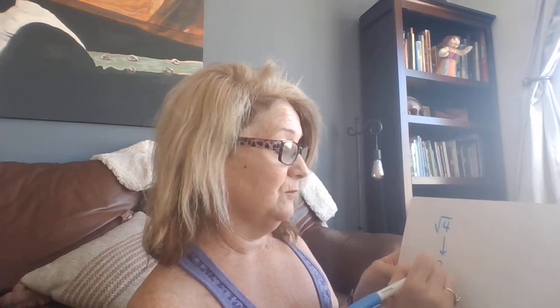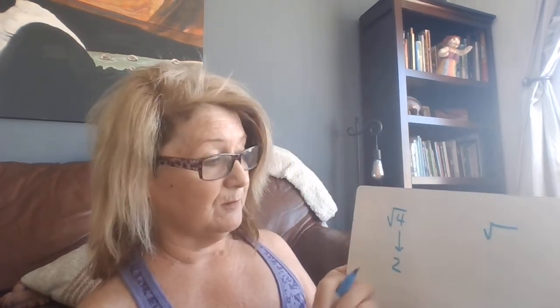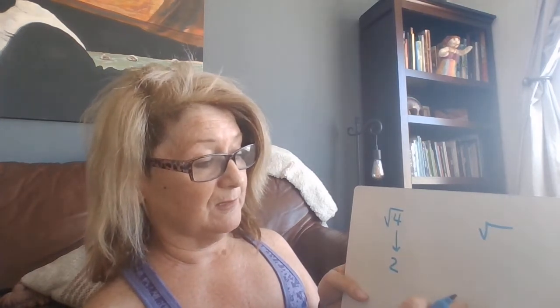So now let's look at this. If we know that the square root of 4 is 2, and we know that the next perfect square, the square root of 9, will give me 3.